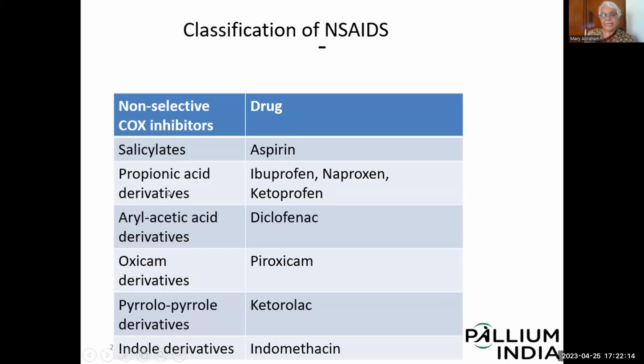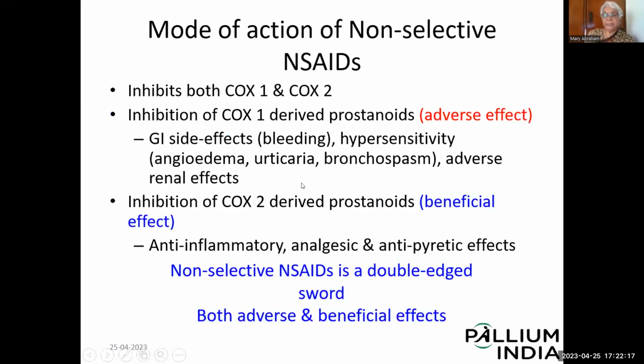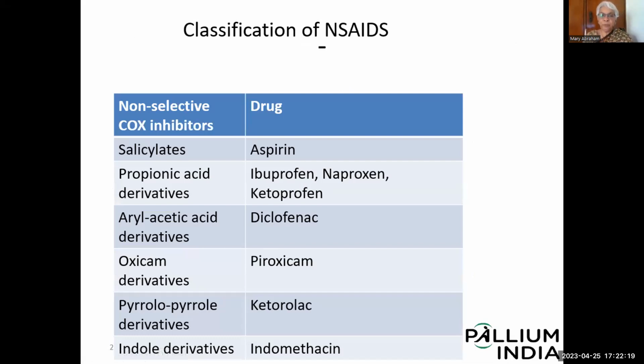You have the propionic acid derivatives like ibuprofen, naproxen, ketoprofen. Then you have diclofenac. It can also be functionally a COX-2 inhibitor, but it's classified as a non-selective COX inhibitor. Then you have piroxicam, ketorolac, indomethacin. So these are some of the non-selective drugs, the ones that inhibit both COX-1 and COX-2.